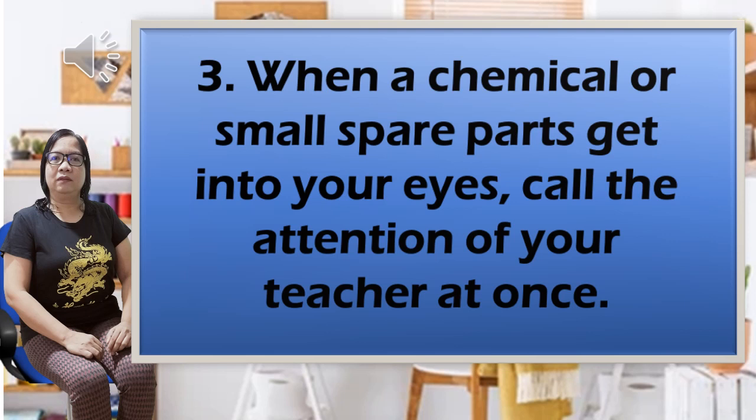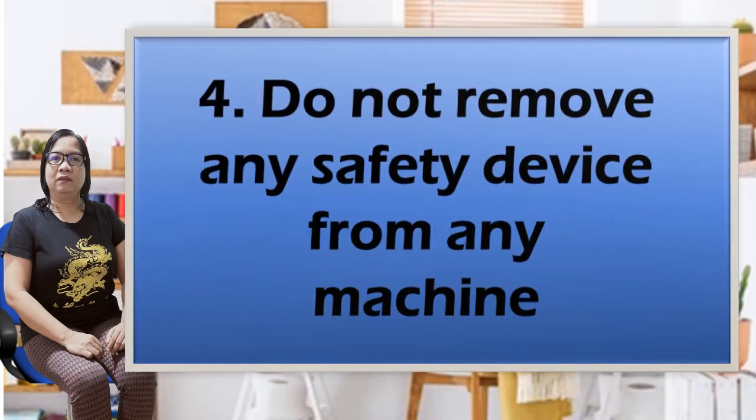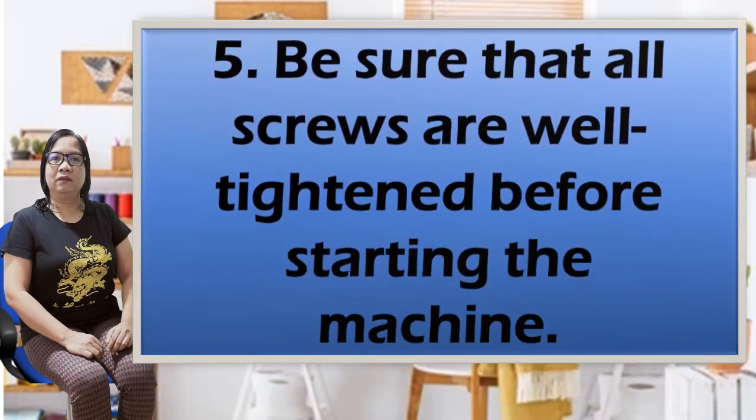Number 3. When a chemical or small spare parts get into your eyes, call the attention of your teacher at once. Number 4. Do not remove any safety device from any machine. Number 5.